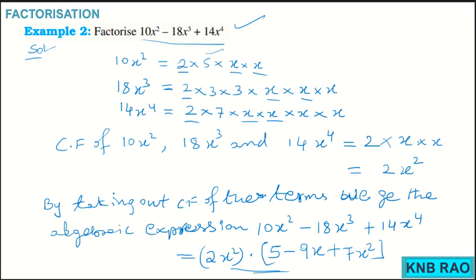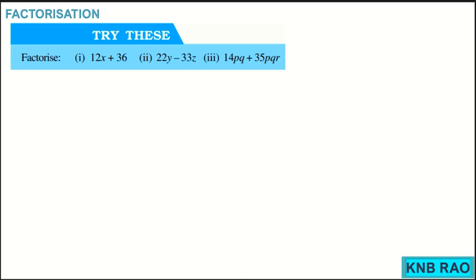So the first method of factorizing an algebraic expression is taking out the common factor by finding the common factor of the terms. Next, try these given in the textbook. I hope you will solve them.